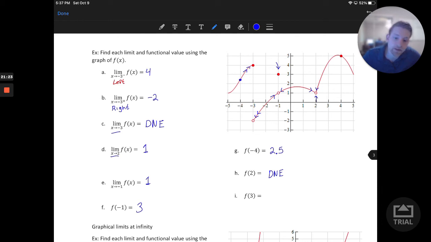And then finally, last but not least, we have f of 3. For f of 3, we can go and follow our function. This happens to be part of the line there, and we could maybe call that 4 1/3 or 4 1/4. So we can maybe just call that 4 1/3. I'll put it as a decimal maybe.